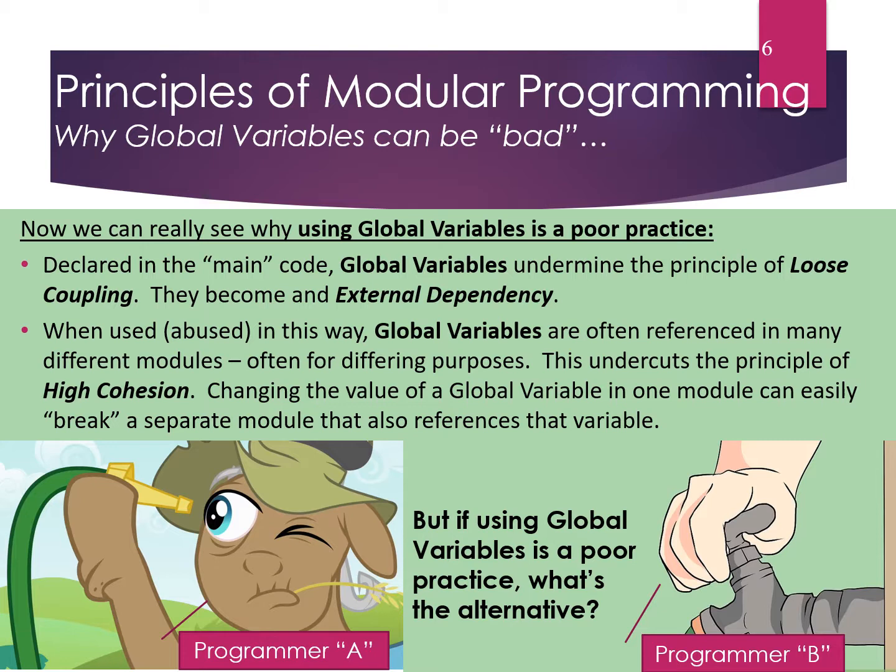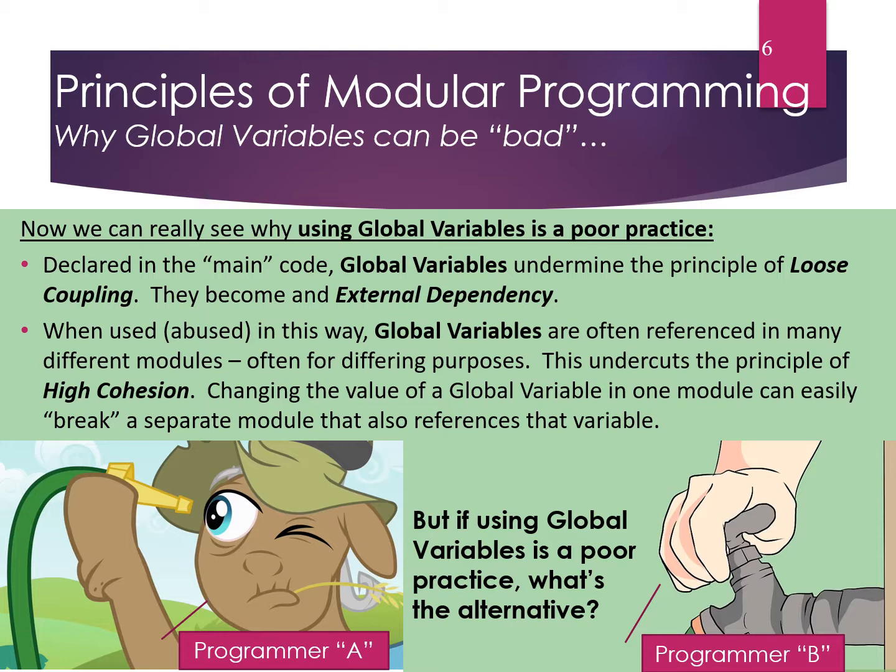So the question here will be, if using a global variable is a poor practice, what's the alternative? In this slide, in the lower left-hand corner, there is a picture of a cartoon character looking into a hose that is turned off and not functioning. In the lower right-hand corner, there's a picture of a hand turning the valve on a hose, the result being that the character in the first picture is likely to get sprayed in the face.